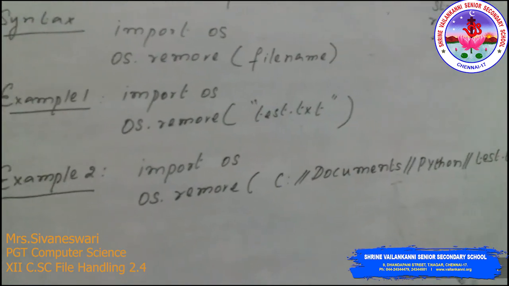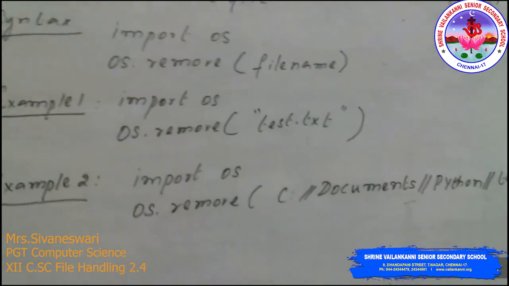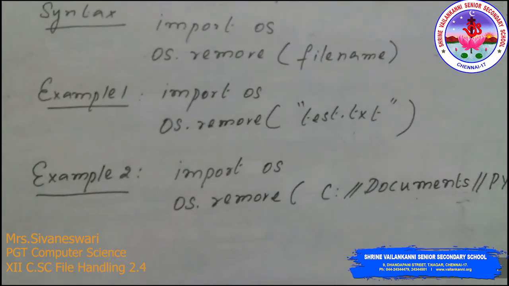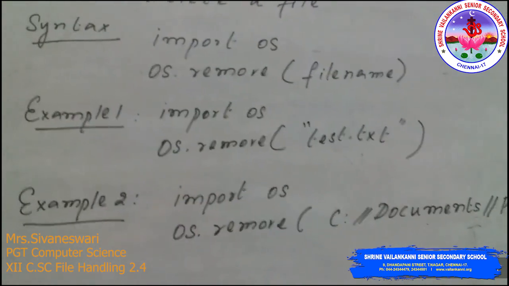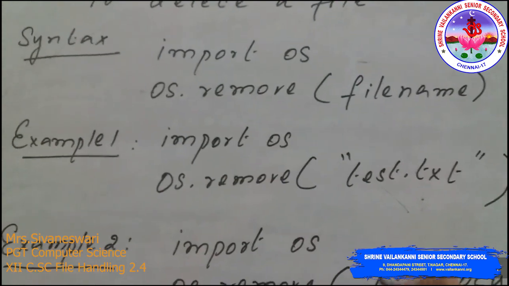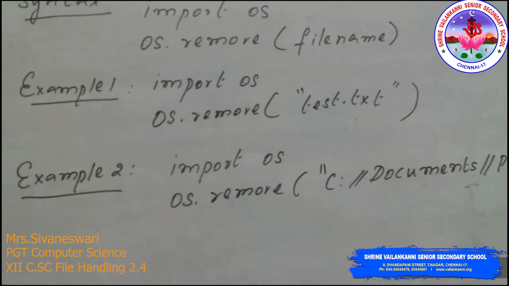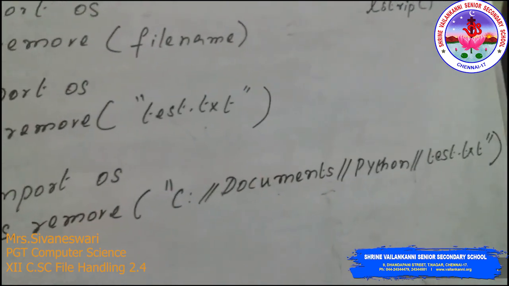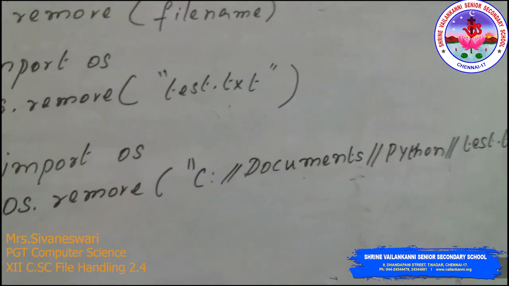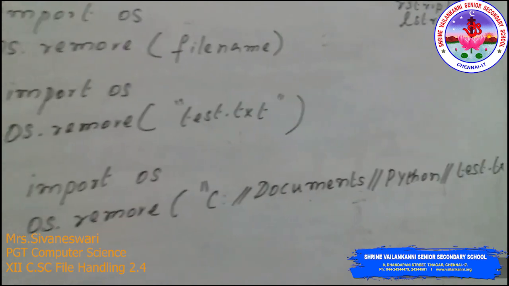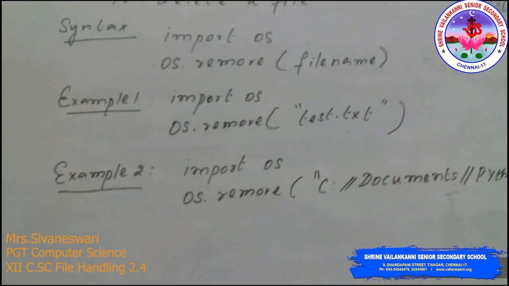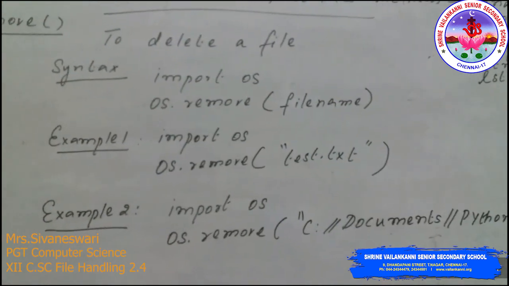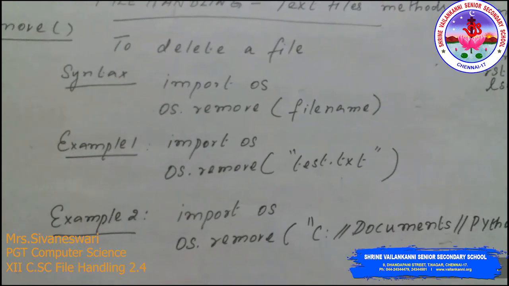In example 2 we specify the path, os.remove with the txt file along with the path specified. So when we give this and execute the code, the particular file is deleted.